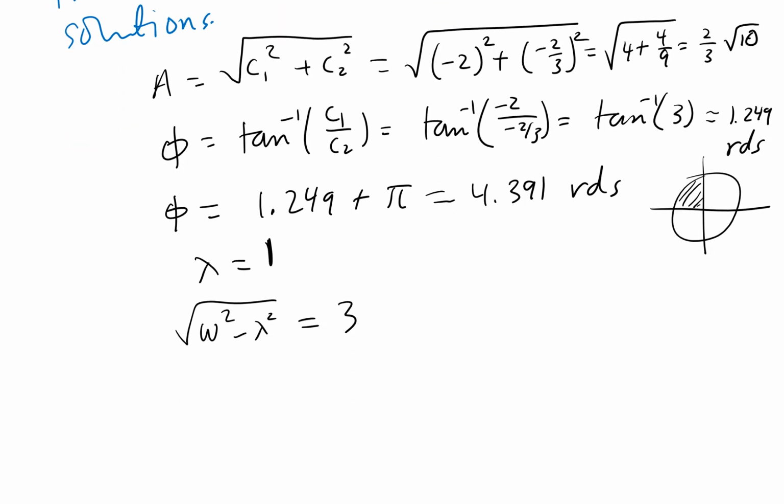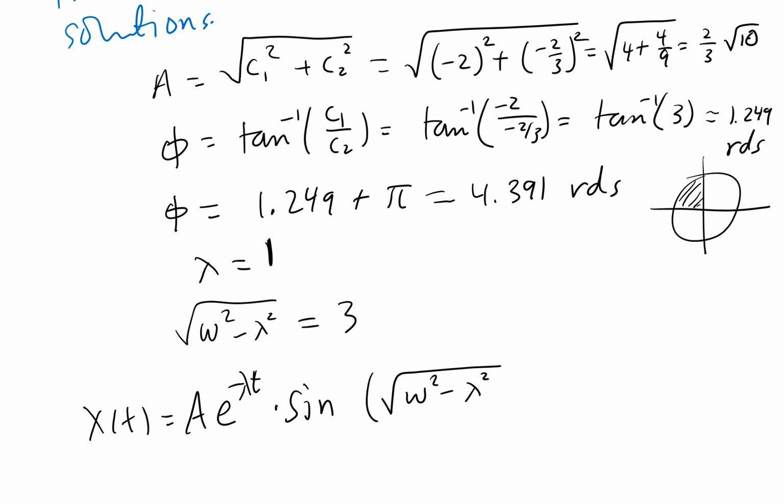Now the alternative solution we're looking for, x of t, is A e to the negative t, or negative lambda t if you'd like to put that in, times sine of the square root of omega square minus lambda square times t, plus phi.